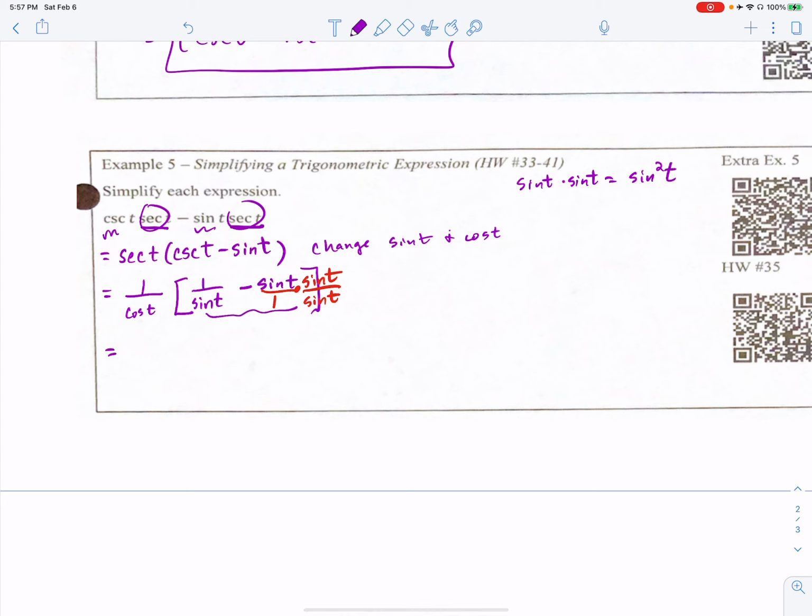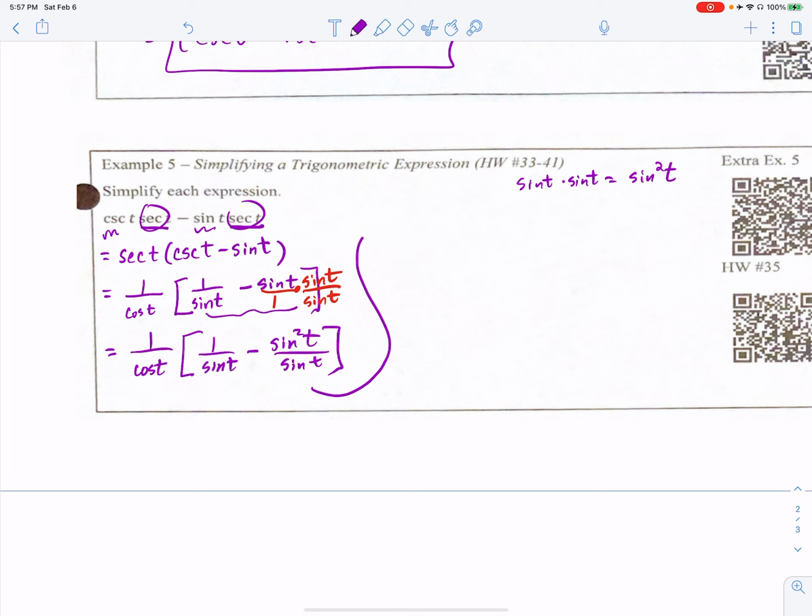So in this next step, I have 1 over cosine t, and in here I have a 1 over sine t minus sine squared t over sine t. And I'm going to leave this 1 over cosine t on the outside.